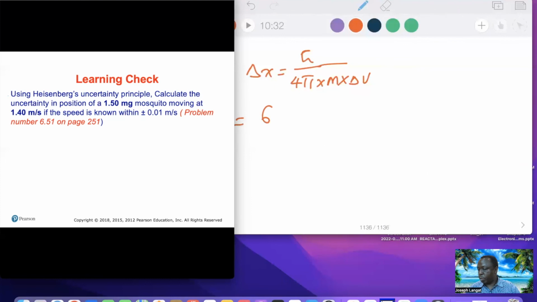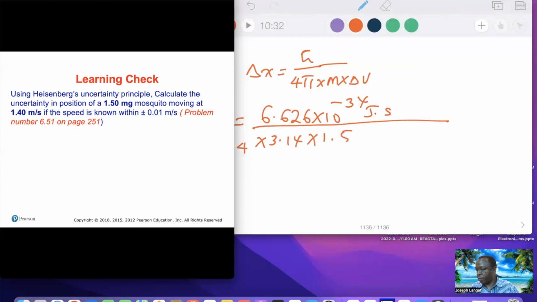This is 6.626 times 10 raised to negative 34 joule seconds, over 4 times 3.14 times 1.50 times 10 to negative 4 kg times 0.01 meters per second, and we need to reconcile the units.